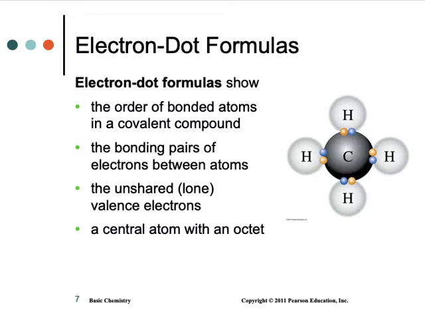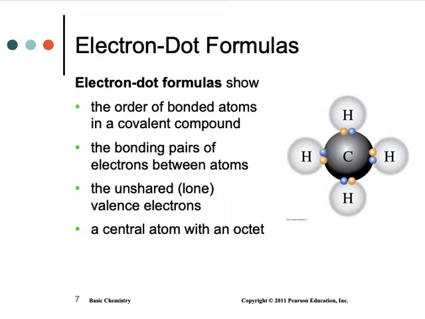Another very useful way to help understand the valence is to recognize that as they need 8, there's 8 in the valence, that these are called Lewis dot structures, or also called electron dot structures.